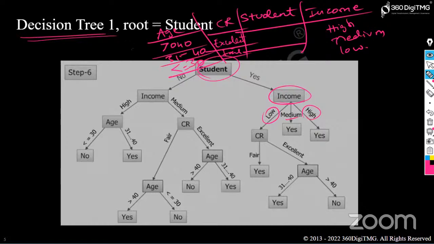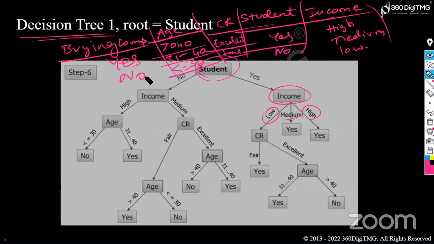So there are four different parameters which is telling whether it is buying a computer or not. So this is yes and no. Saying yes, and this is no. So these are the class label. Buying computer will be the output based on all these parameters.